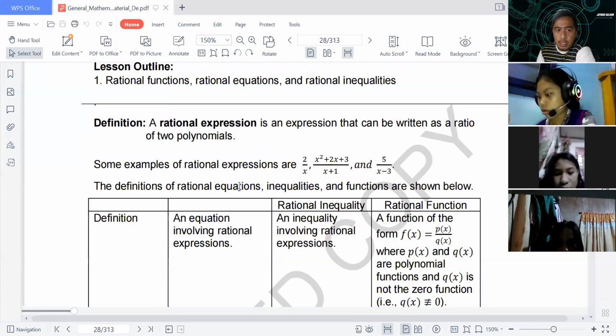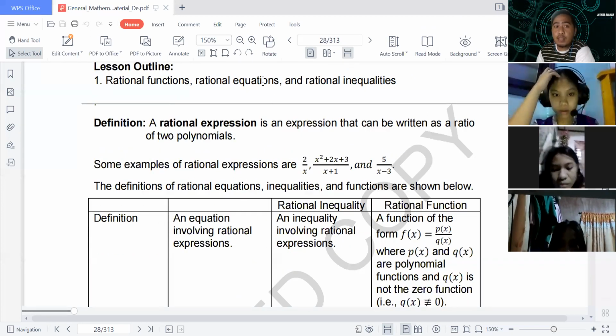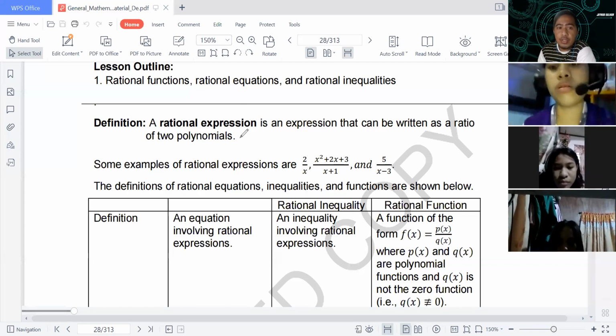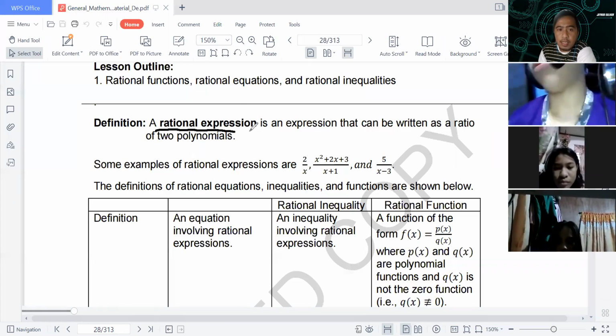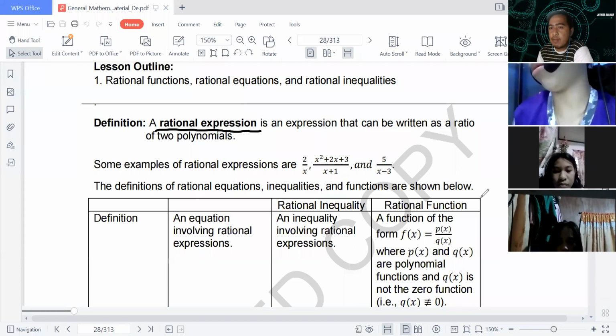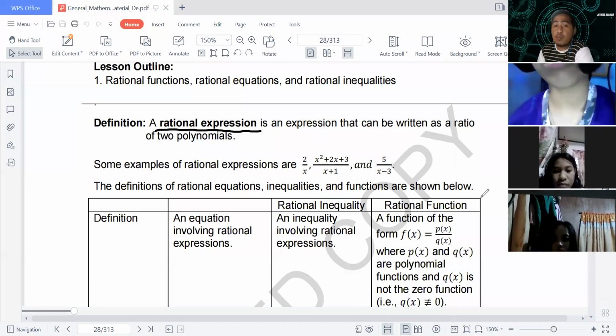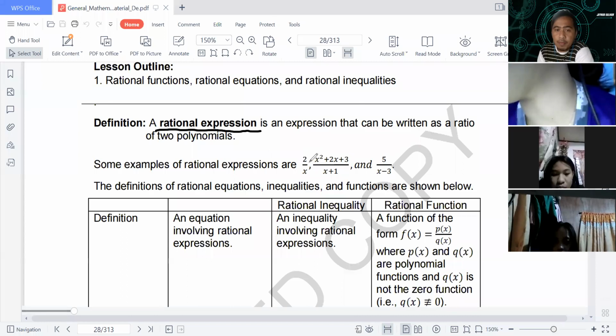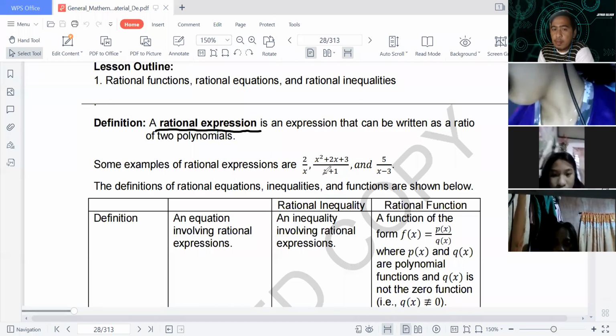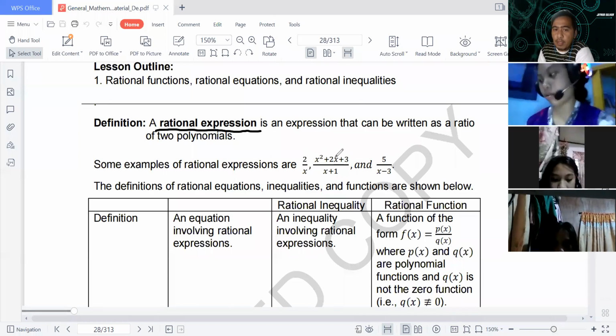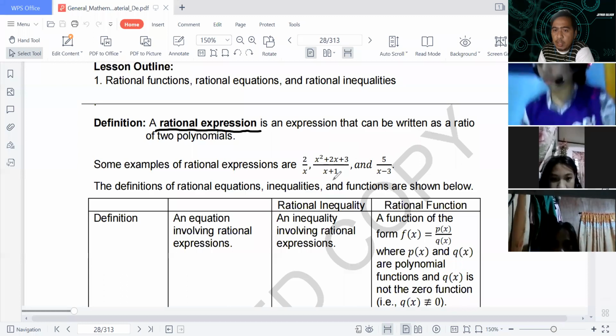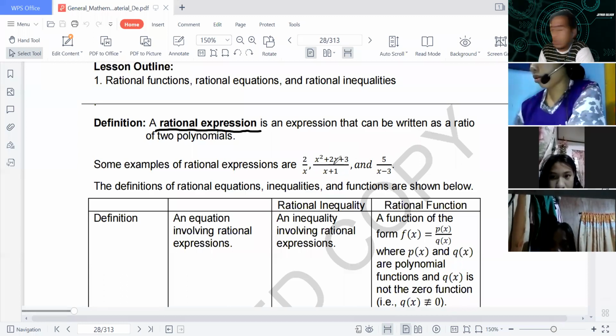So to start, let us define what a rational expression is first. A rational expression is an expression that can be written as a ratio of two polynomials. Example, 2 over x, or x squared plus 2x plus 3 all over x plus 1. That is a rational expression.